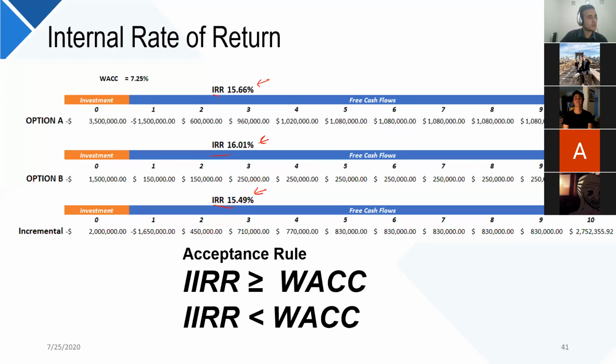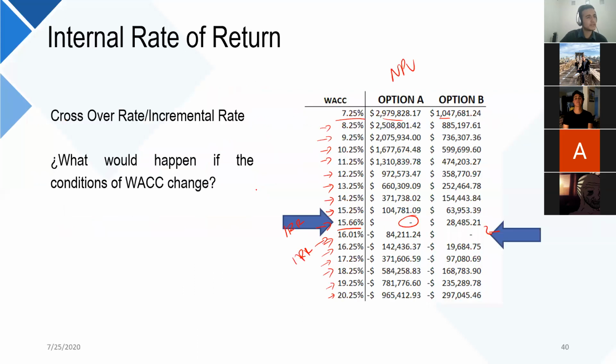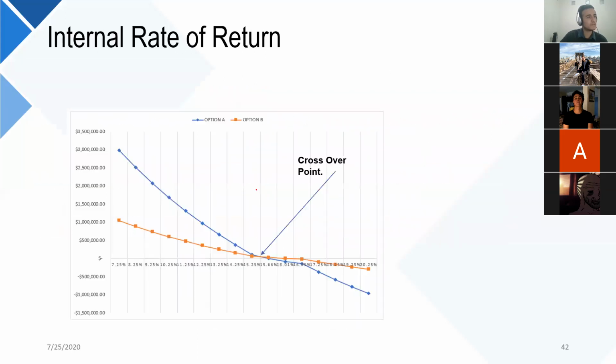And if I were to graph these net present values, you will find a graph like this. So this is option A, and option B. You can see that the net present values comparison between the projects is different.